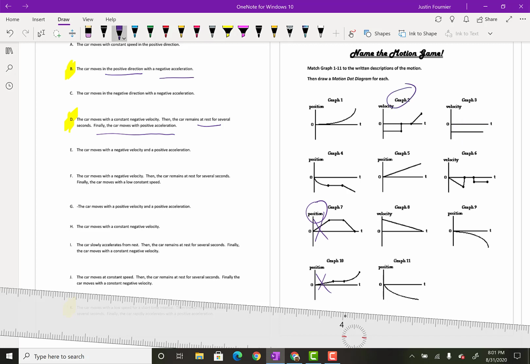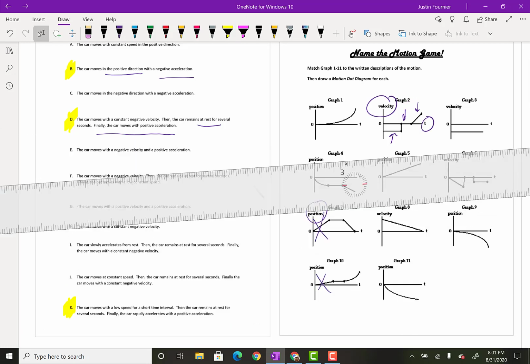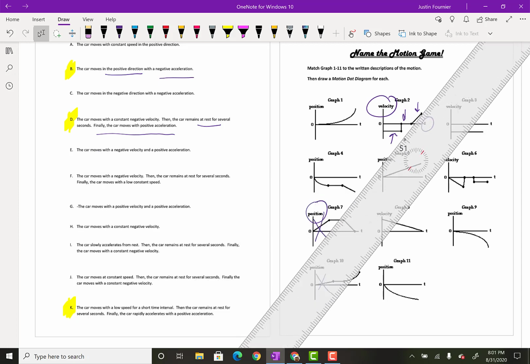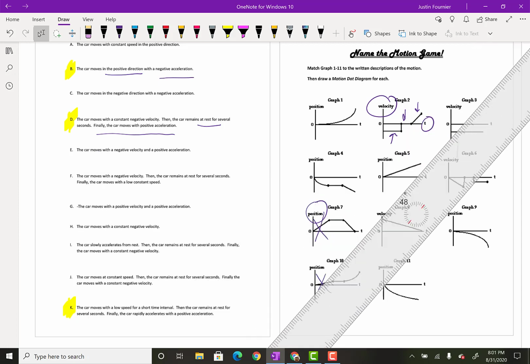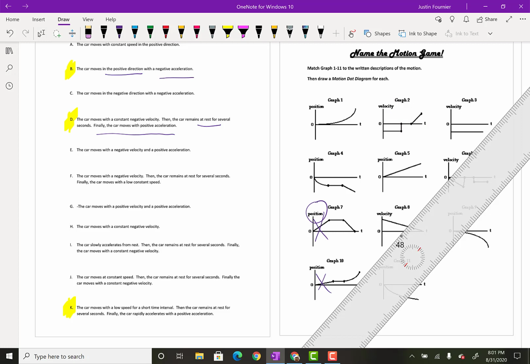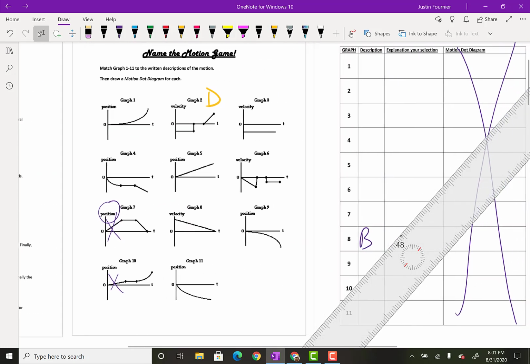Graph 2 looks right: constant negative velocity, then it stops. At the end we get a positive acceleration, because this is a velocity versus time graph, and the acceleration is the slope, which is positive. So graph 2 matches with D.